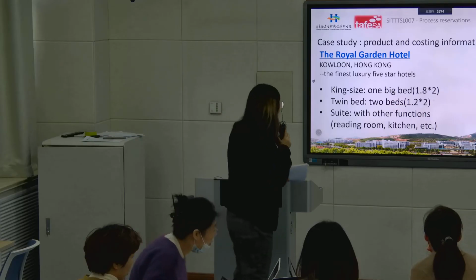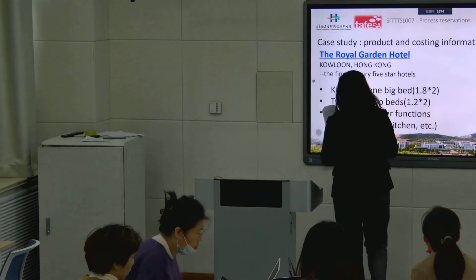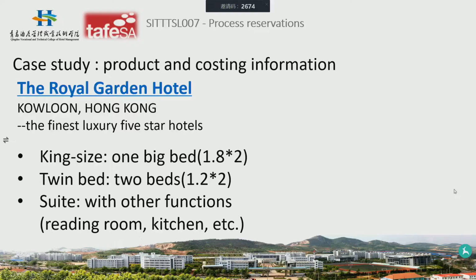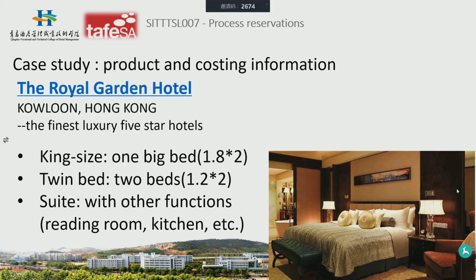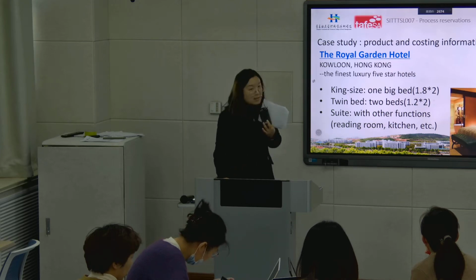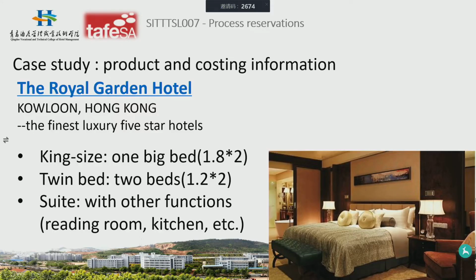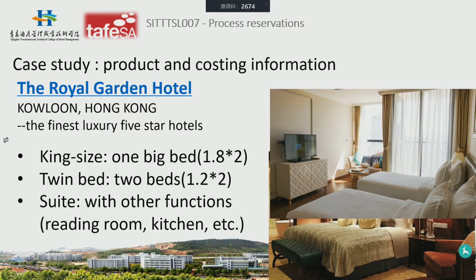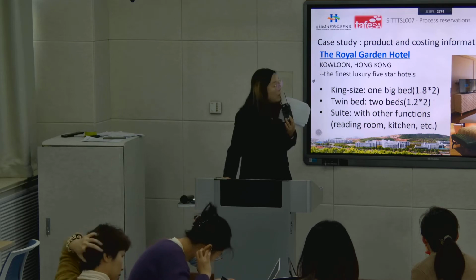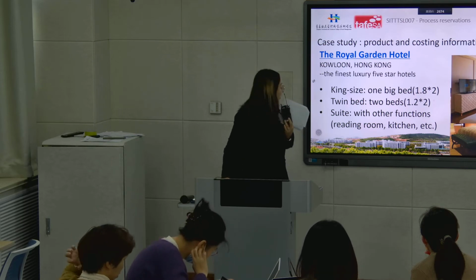King size maybe has a bed like a king's bed, right? It's one big bed, 1.8 meters by 2 meters. And the twin bed with 2 beds. But the bed is smaller than the king size. It is 1.2 by 2, or 1.3 by 2.